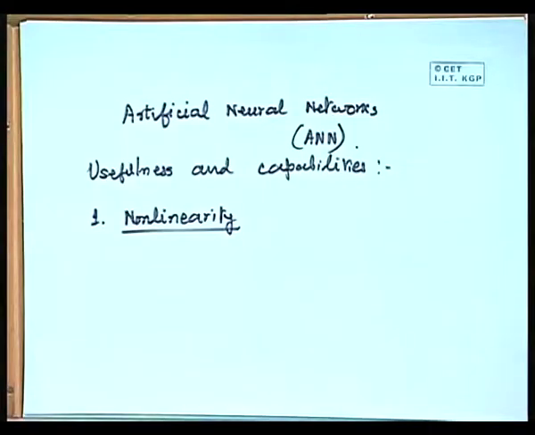If there are, let us say, 4 inputs and 1 output, and the output is a linear combination of all the 4 inputs, then naturally the system is linear.